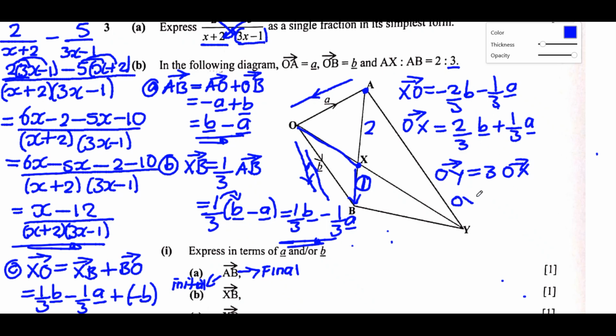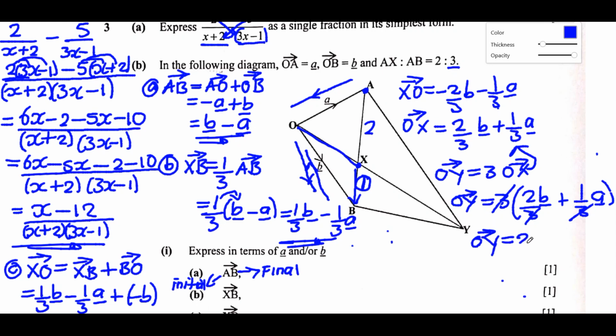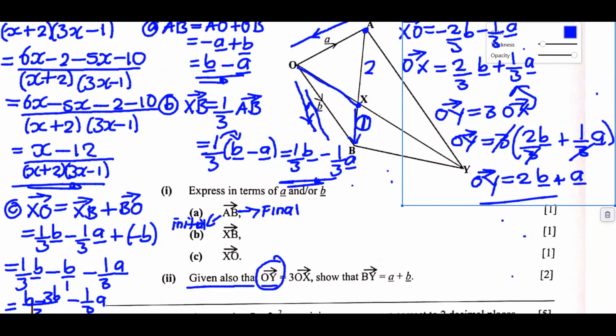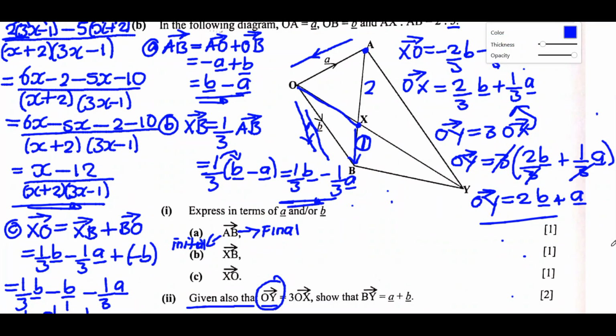So I'm going to say OY is equal to 3, then where there is OX we substitute with this, so it's 2/3 B plus 1/3 vector A. So we can cancel, and OY is equal to 2B plus A.